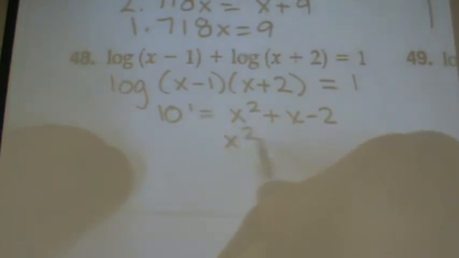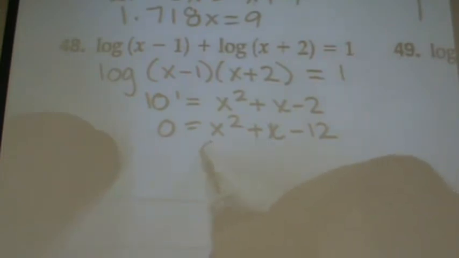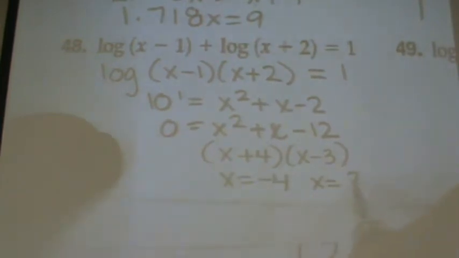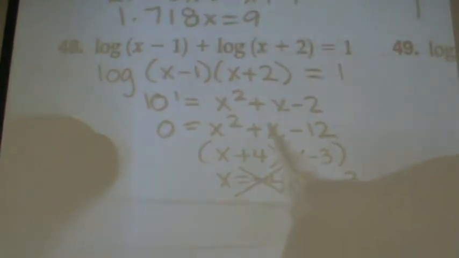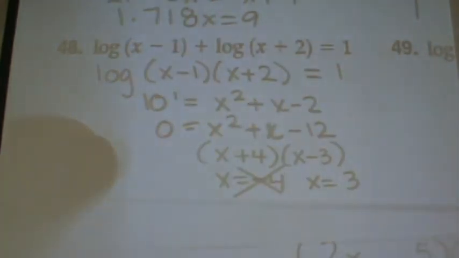Factor it. The answers are -4 and 3. Just 3. Good. Why not -4? Because if we put a -4 here, we get a negative.